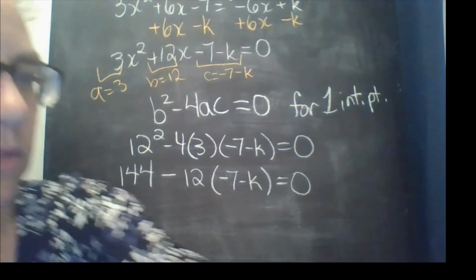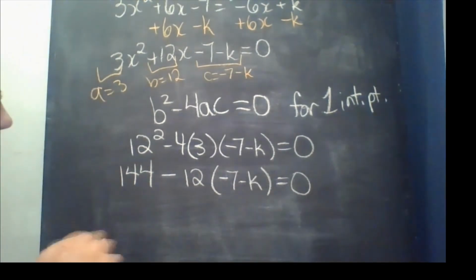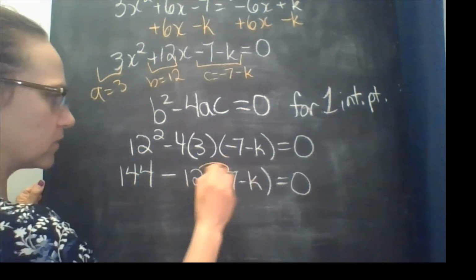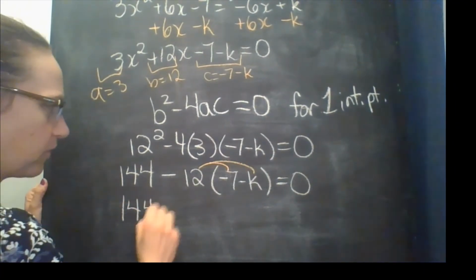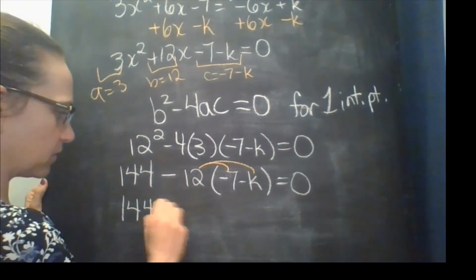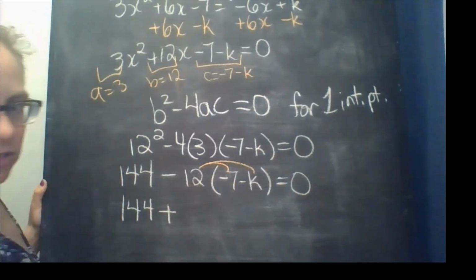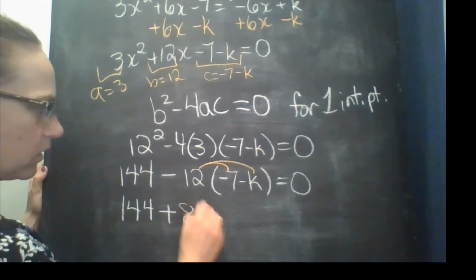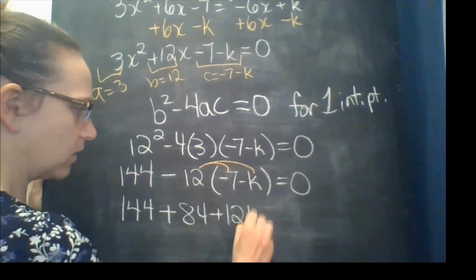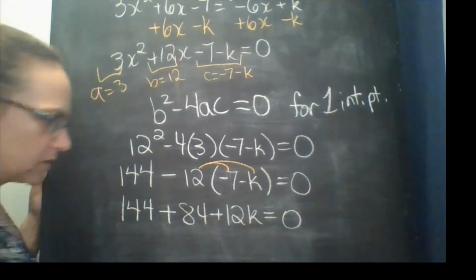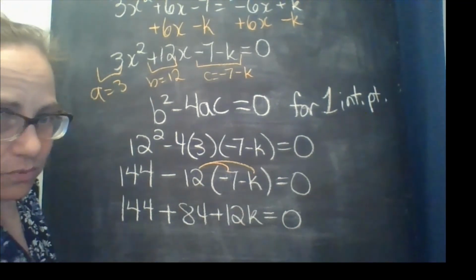To keep going, we want to expand our brackets just like we normally do. So we get 144, negative times a negative gives me a positive, 12 times 7 gives me 84. Negative times a negative gives me a plus 12 times k, 12k, equals 0.